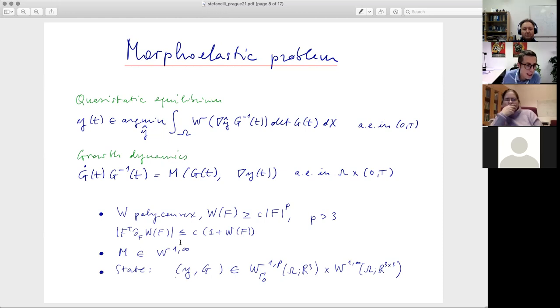In particular, the state is the pair of deformation and growth tensor. Both these quantities depend on time, and they take values in this space. W^{1,p} for the deformation. The deformation is a vector, and I also indicate here with a little symbol the fact that I imagine my carrot to be fixed somewhere in space, so as not to make it flow away by rigid body motions.